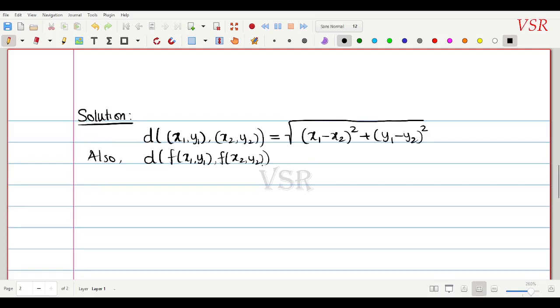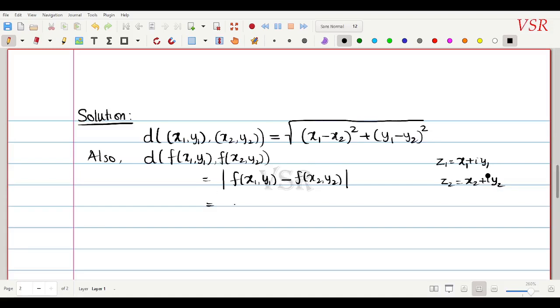Okay, this is equal to the modulus of f of (x1, y1) minus f of (x2, y2). This is a complex number x plus iy: x1 plus iy1 is the first complex number, call it z1, and z2 is x2 plus iy2.